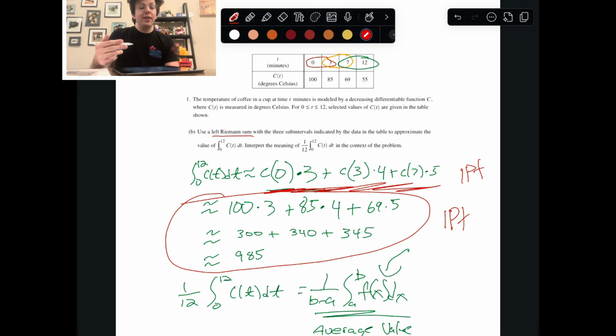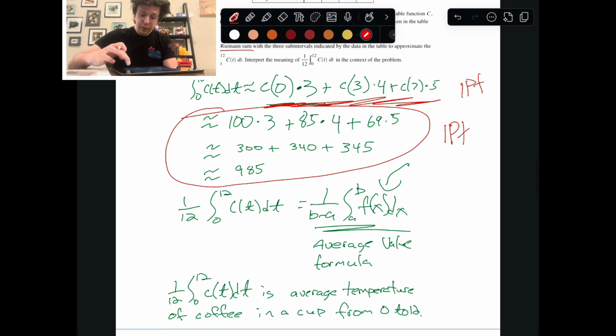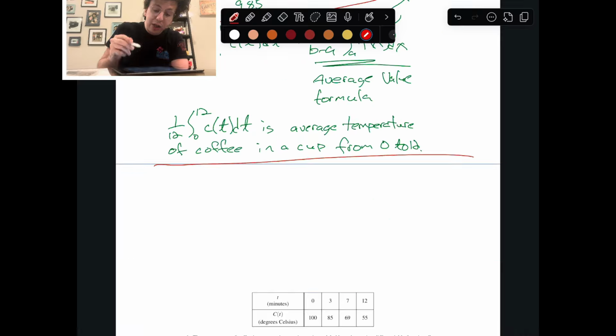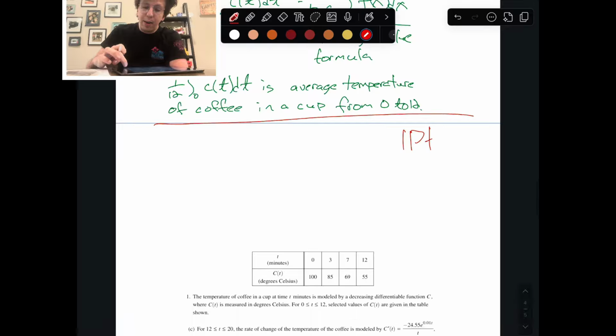Now, you could have stopped right at this 100 times 3 plus 85 times 4 plus 69 times 5. And lastly, for this problem, they gave you 1 point for your correct explanation of the integral, the 1 over 12 times the integral from 0 to 12 of C of t dt. So that was worth 3 points for that problem.